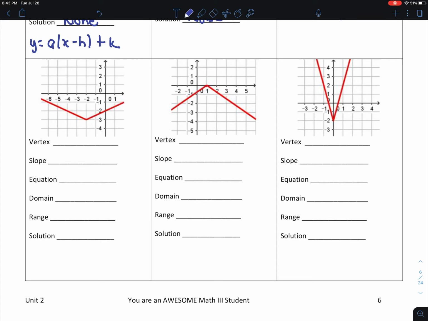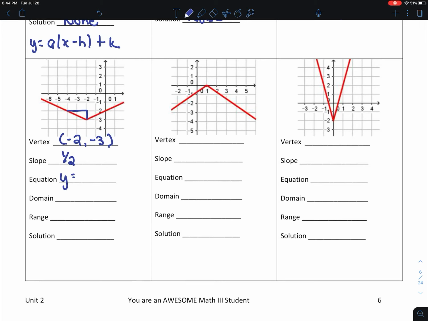Okay, welcome back. I'm just going to quickly go over these. So my vertex was -2, -3. My slope is, I went over 2 and up 1. So my slope is 1/2, and it's positive.